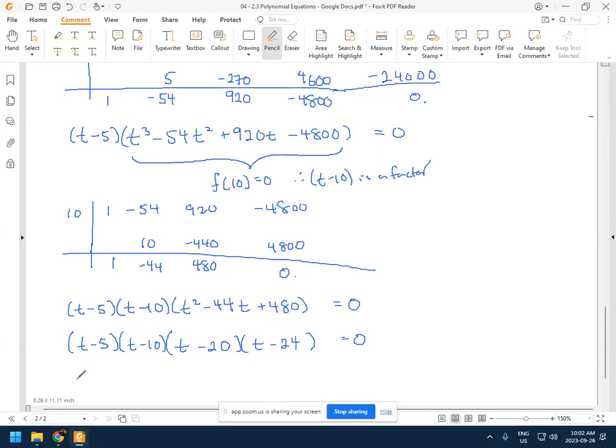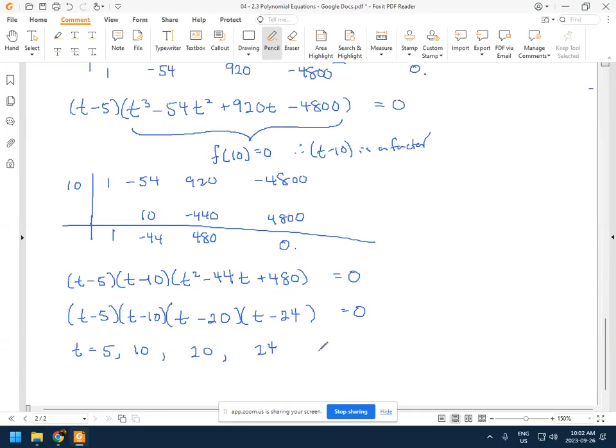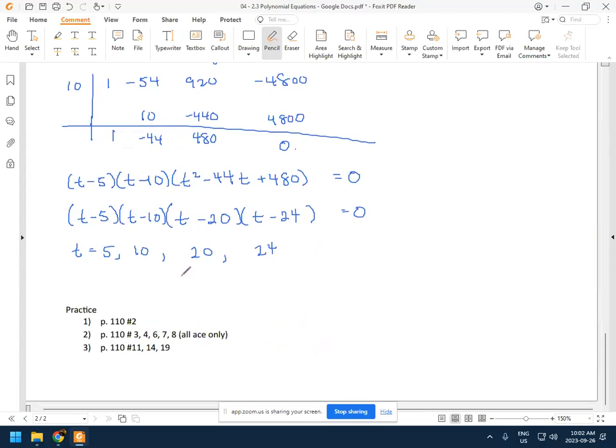In other words, t is 5, 10, 20, and 24. What are you talking about? Are you saying that at 5, 10, 20, and 24, I have a curve that does this? What are these numbers referring to?